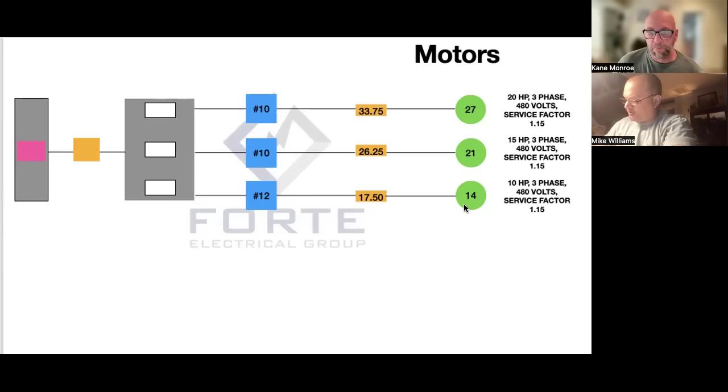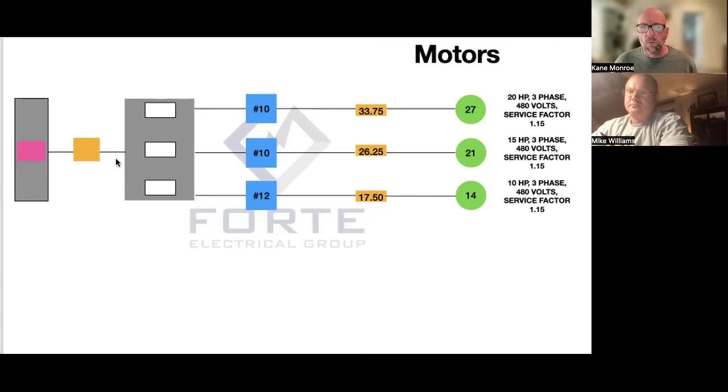Then we do 27 times 1.25, which is 33.75. So full load is 68.75. That's the amperage that this whole situation is going to draw.